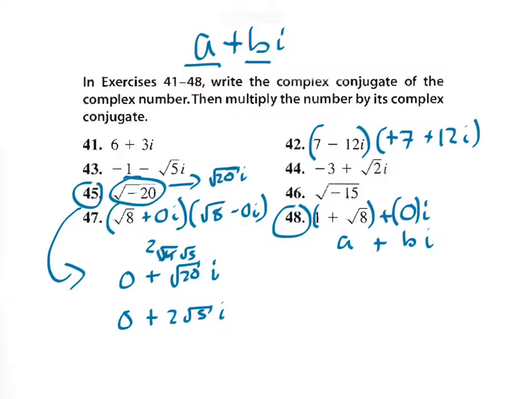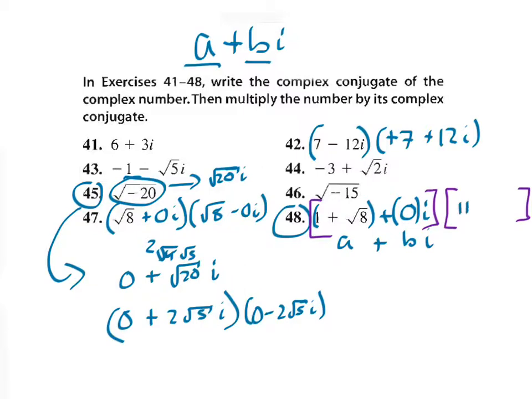And so what would the complex conjugate be for that one? 0 minus 2 rad 5i? Yeah, that's cool. So you would multiply those together. Okay, but back to this one. Tricky. What would be the complex conjugate for that one? Oh man, this thing is hideous. I'm going to put big brackets around it, and then we'll put the complex conjugate inside.